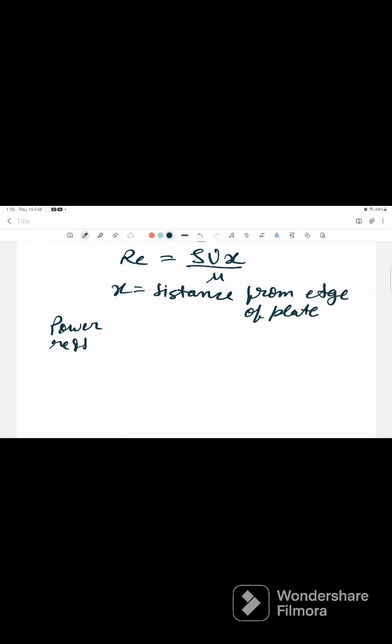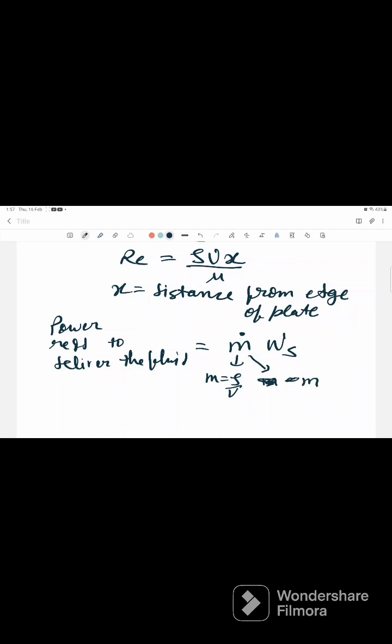Power required to deliver the fluid is M W as shaft work, and this M is mass, that is density times volume, so M is rho V. We can take V in terms of flow rate, M mass, and WS.